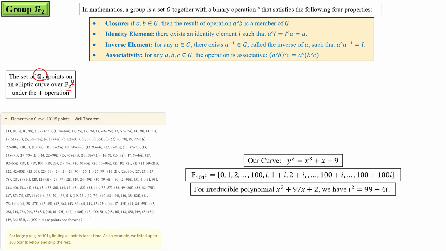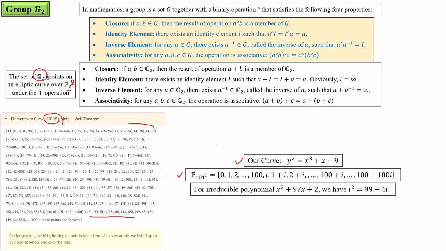So this is not the total list. The list is so big, more than 10,000 elements, and it is generated by this curve over this extension field. And then if you check the four properties, you will see that they are satisfied.